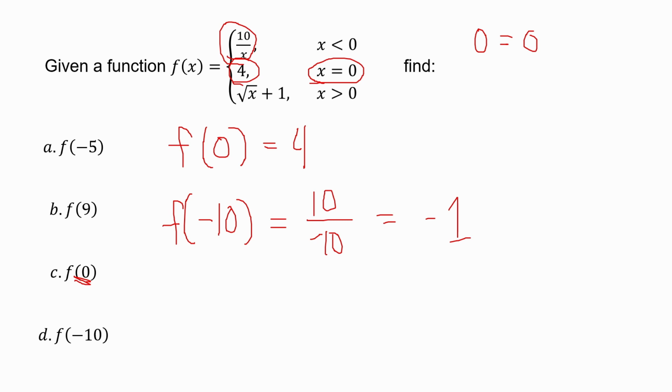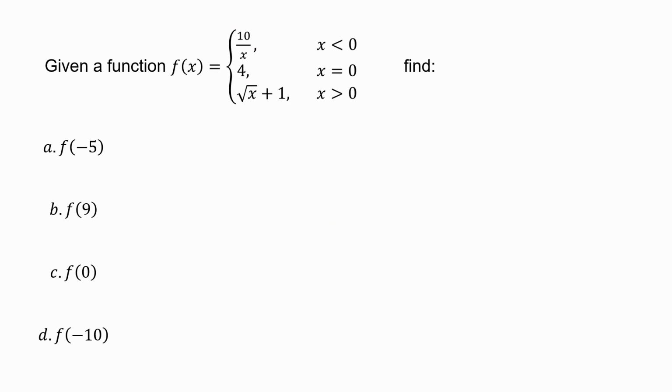For me, the trick you can do here is that you can draw a number line. So let's draw a number line here, and we have the number 0. It says when x is less than 0, what we will use is 10 over x.